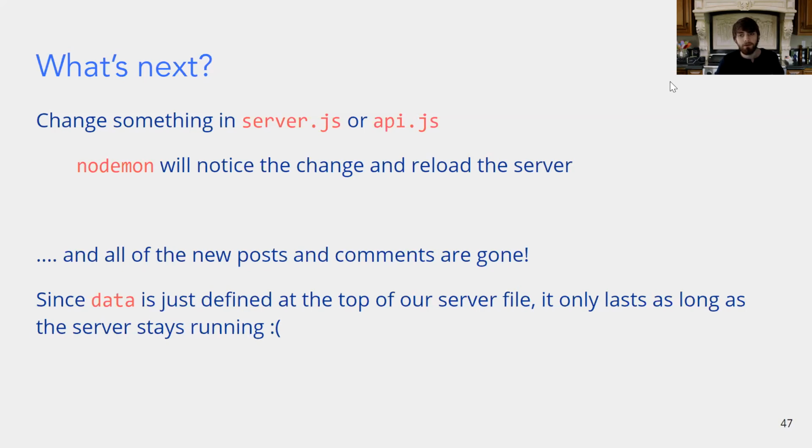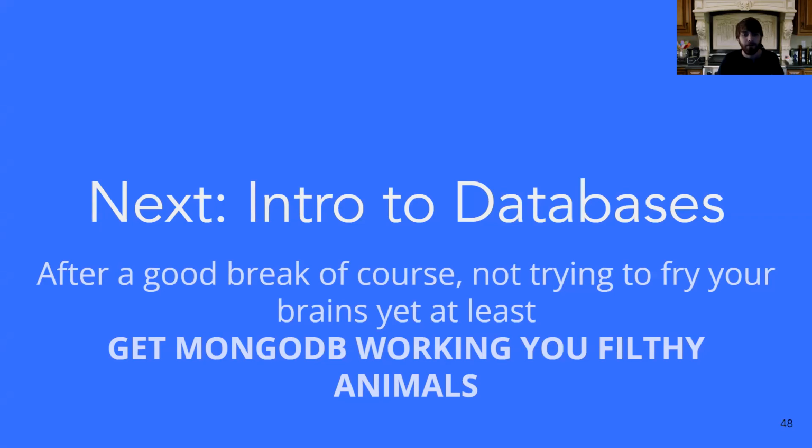This is because that data variable gets reinstantiated every single time we start the server with a refresh. So what Johan will cover after lunch is databases, which will be a persistent way of storing our data, and that whole hard-coded data mess will be absolutely useless.